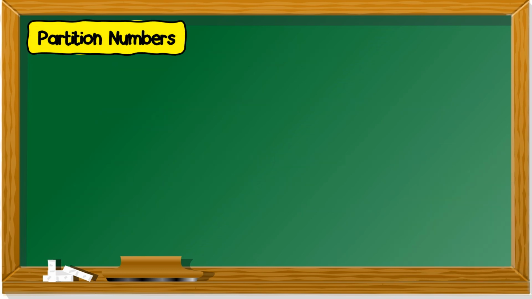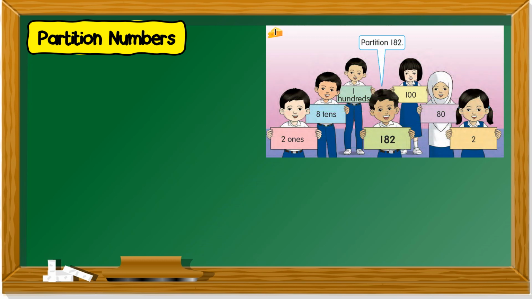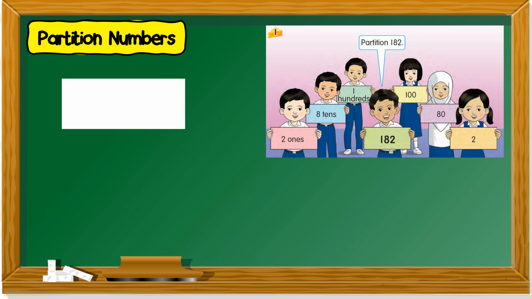Partition numbers. Partition numbers is where you break the numbers into place value or digit value. Let's take a look at this number in the picture. 182. Okay, let's draw the table. You remember this table?